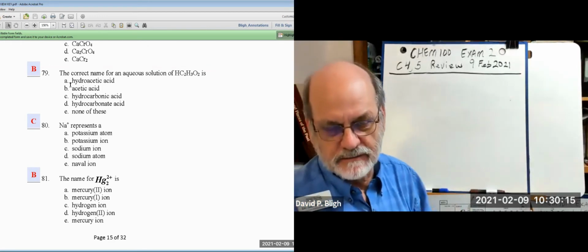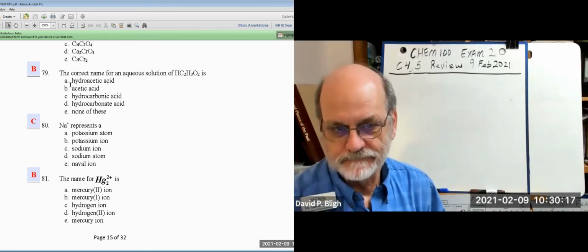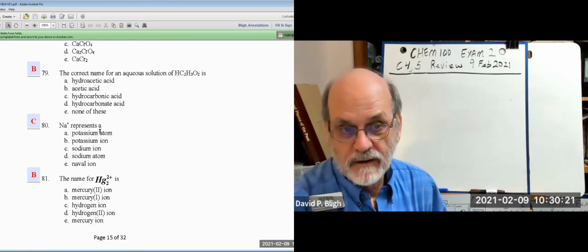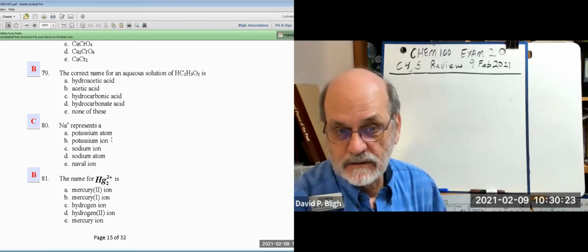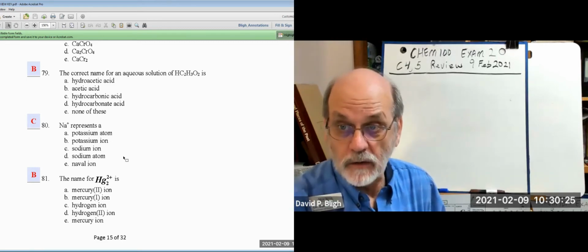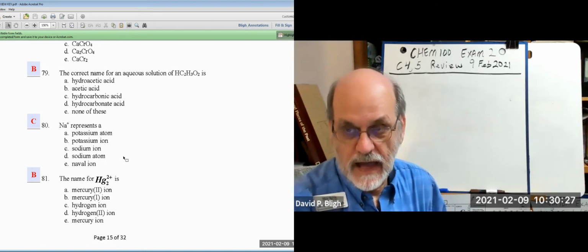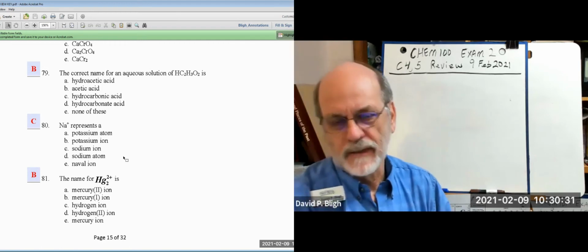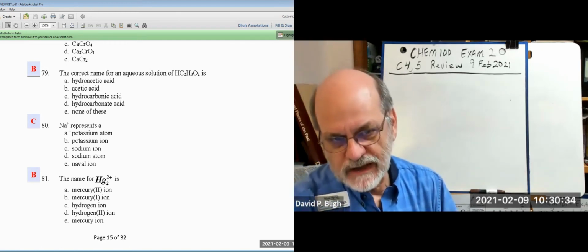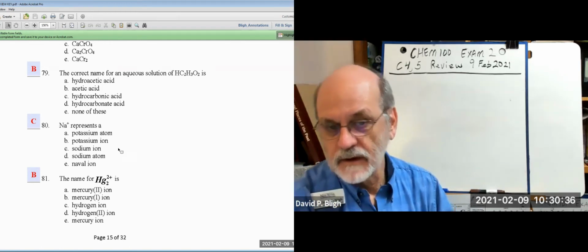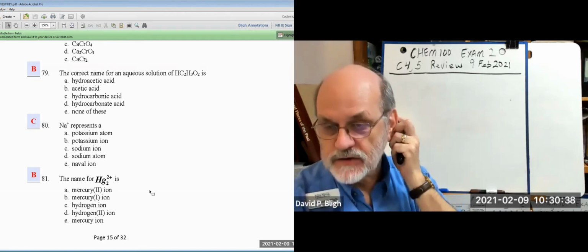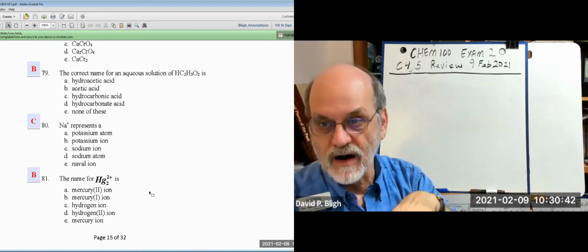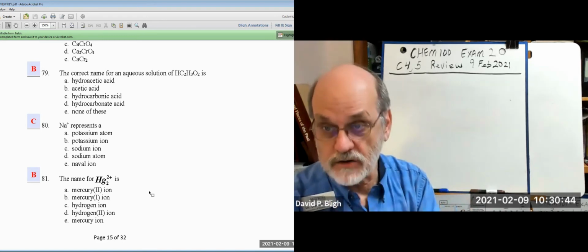Na plus represents what? Well, test taking technique. Is it an atom? Well, no. It's actually an ion, right? When you say atom, you could mean this part of it, Na, but the best answer is to take a subset of atoms, which is ions, because it's got a charge.